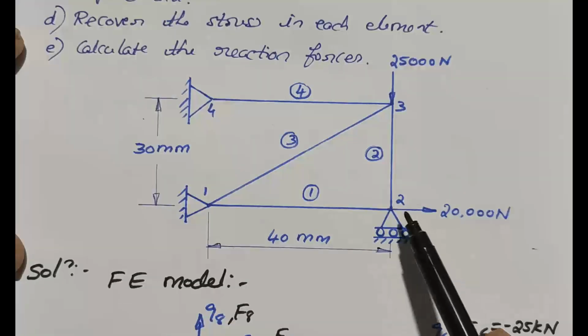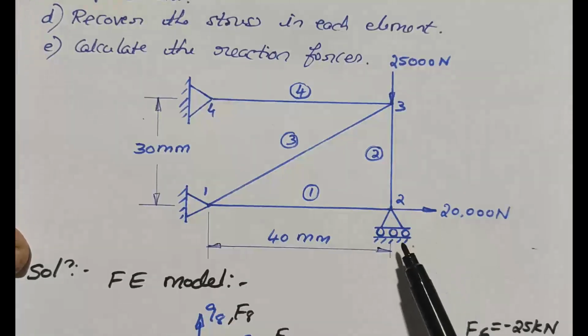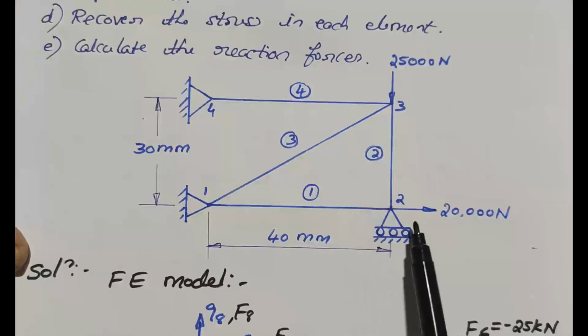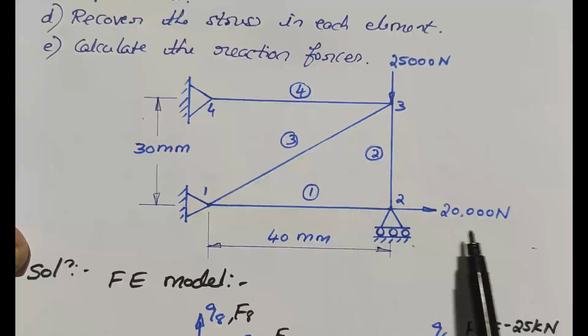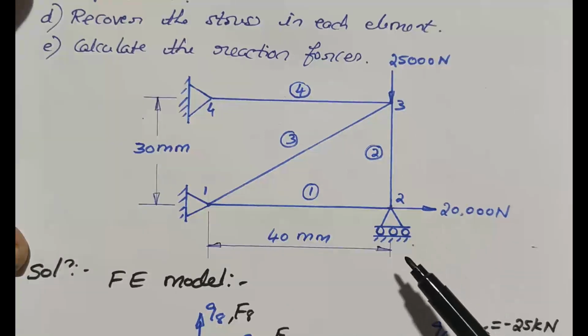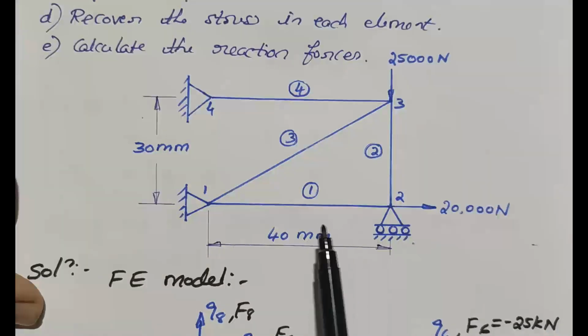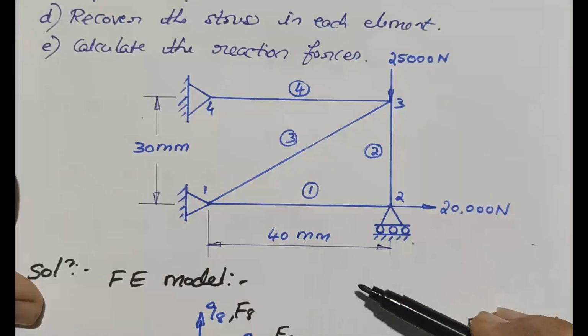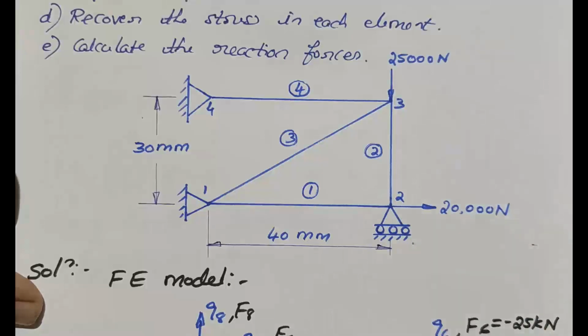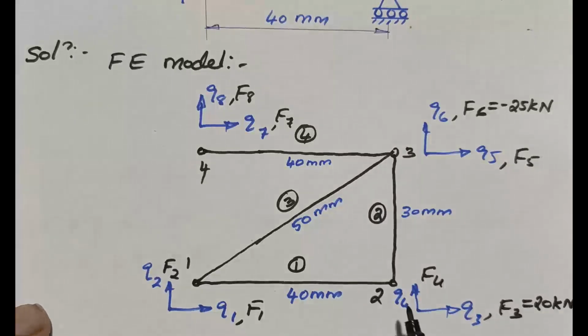See node number 2. Node number 2 is on roller support. Means this node number 2 can move in x direction but it can't move in y direction. Means there will be displacement in x direction but the displacement in y direction will be 0. Therefore the corresponding nodal displacement Q4 is 0.